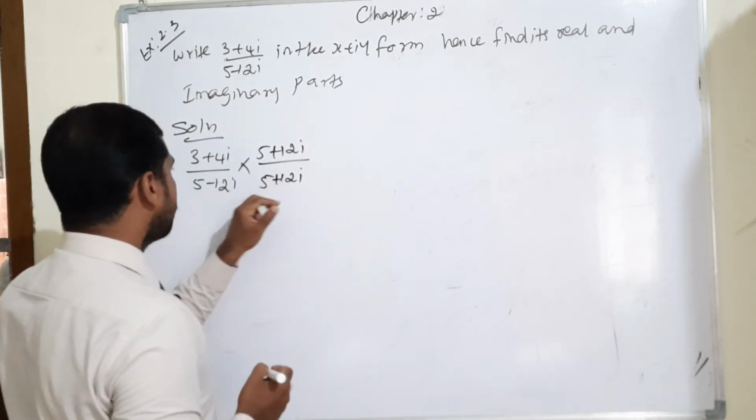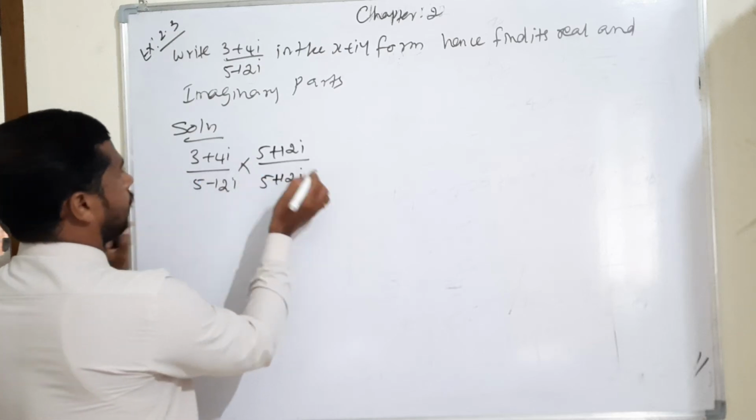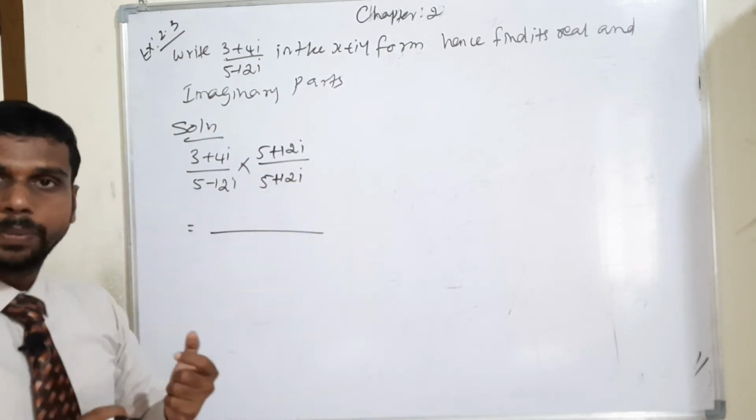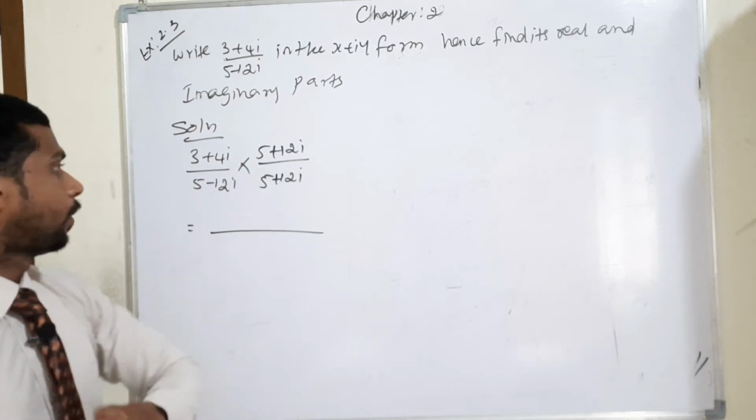After applying this, the denominator is easy: a plus b into a minus b, a square minus b square form.